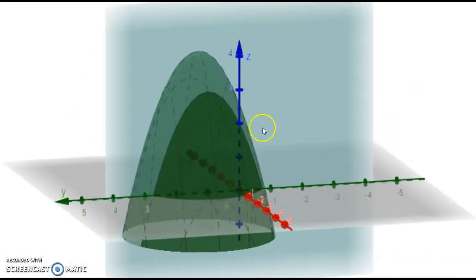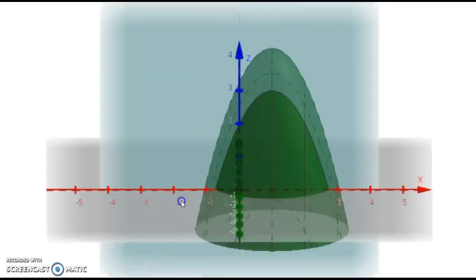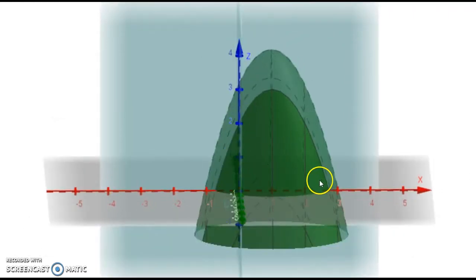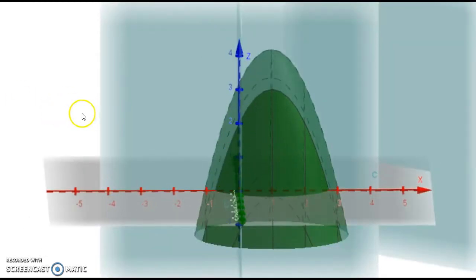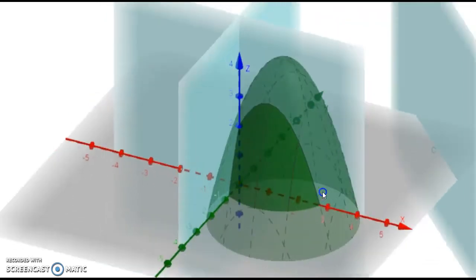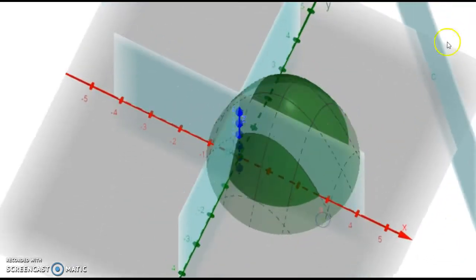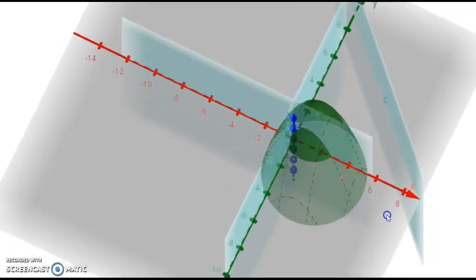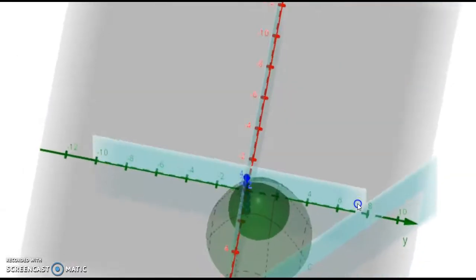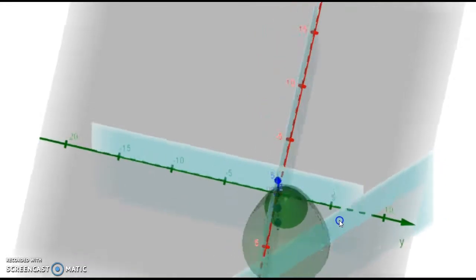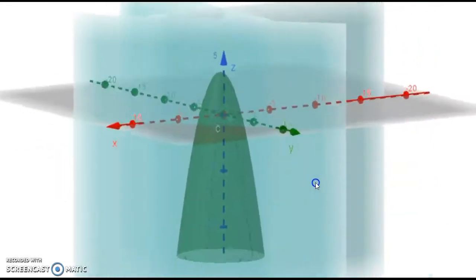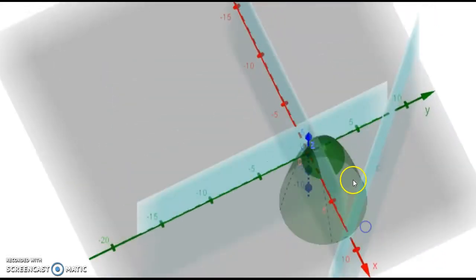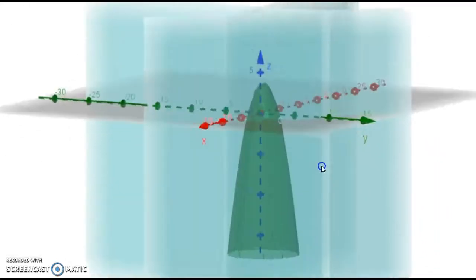Here is one of the boundaries, and then y equals 0 is another boundary, and also y equals 9 minus x, which is far at this end, so we have to zoom out so that you can see the intersection. Yep, it intersects, and let's turn it to make it more obvious.